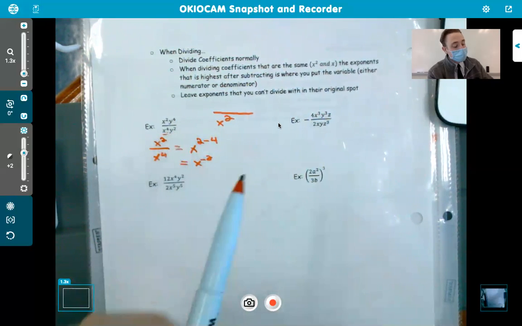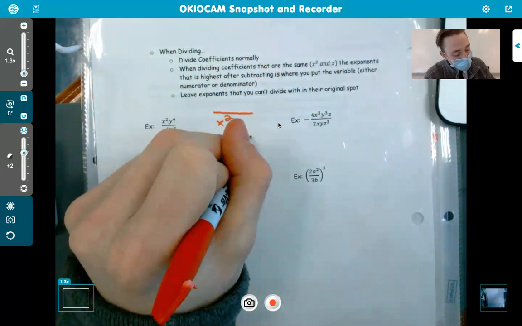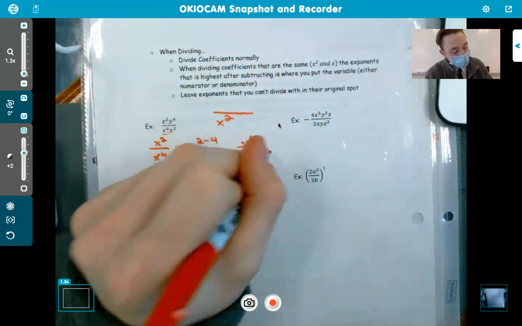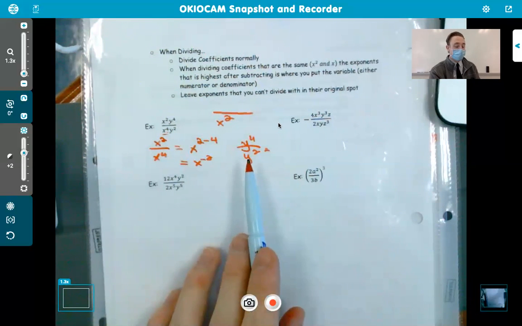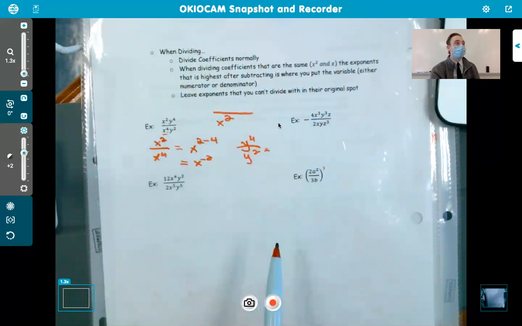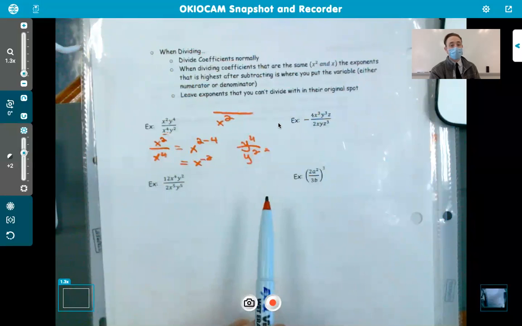When I look at my y terms, I have y to the fourth over y squared. What's that going to become when I do y to the fourth divided by y squared? Remember, when I divide, I subtract exponents.